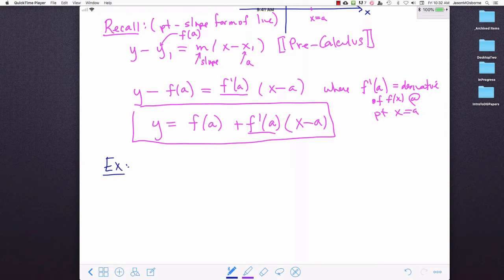If, for example, the function f of x is negative x squared plus 2x, and the point of interest is, let's say, 1, and the question asks you to find the equation of the tangent line.